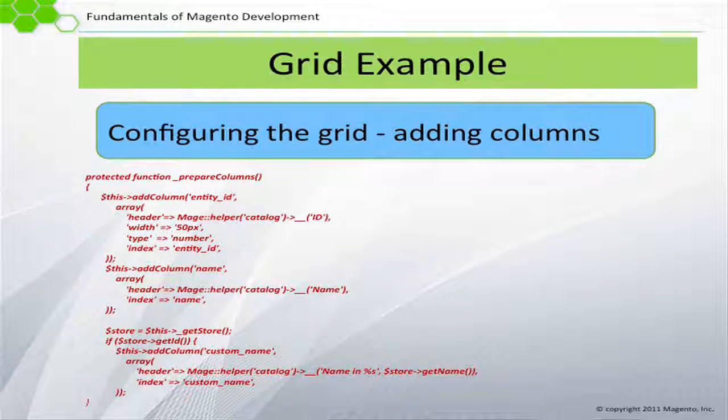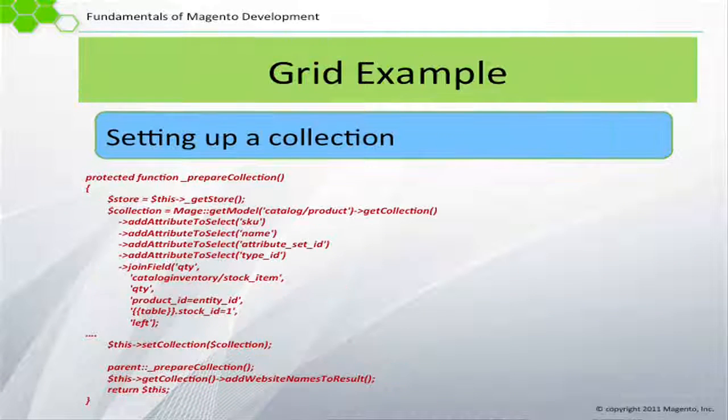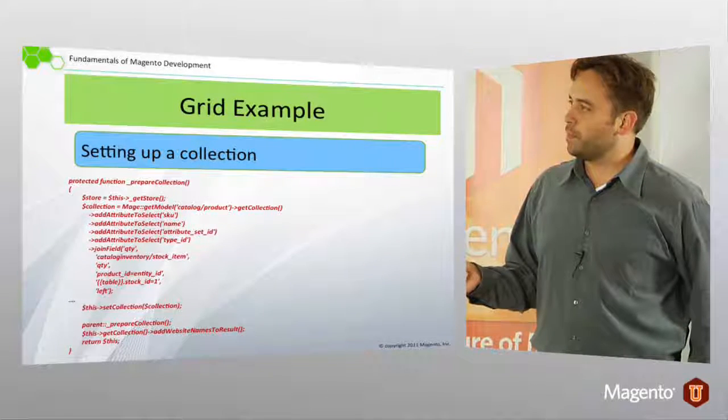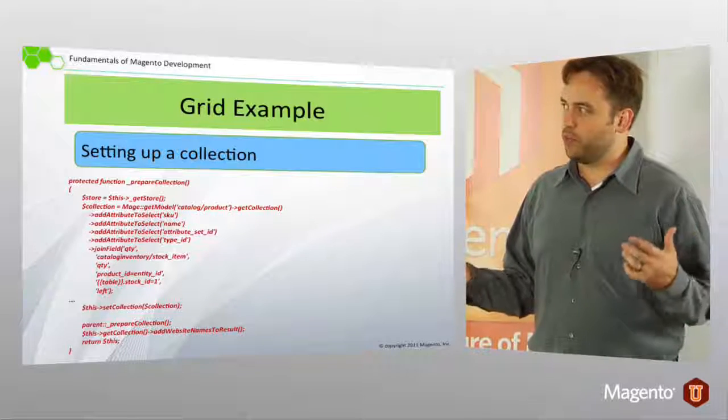Here is an example of using prepare columns, calling add column and specifying an array of options. Then setting up a collection. Here in prepare collection, we're getting a collection for the catalog products, from the catalog module, so this would be the product collection.